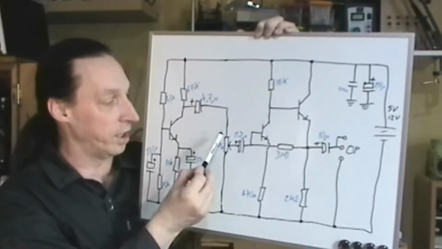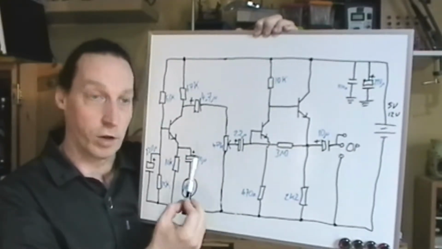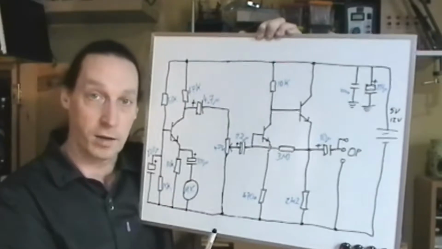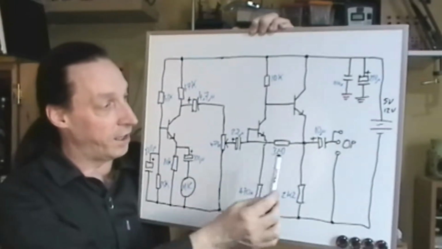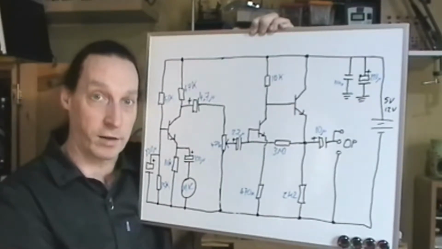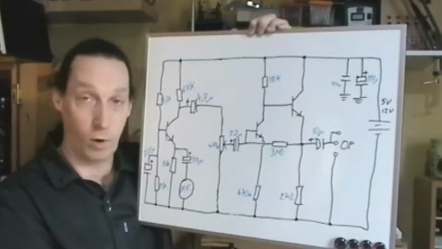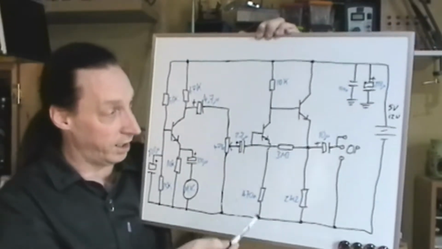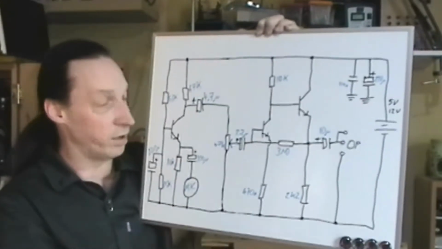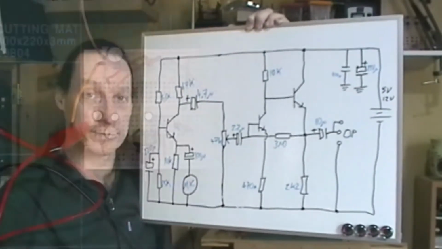So what I've done is I've used a 100k pot and put a 100 ohm resistor in parallel with that. And then over here we've got a 3.3 meg resistor. I didn't have a 3.3, so I've used 3 1 meg resistors in series. That's what I've put together. So let's go and have a look at that anyway.